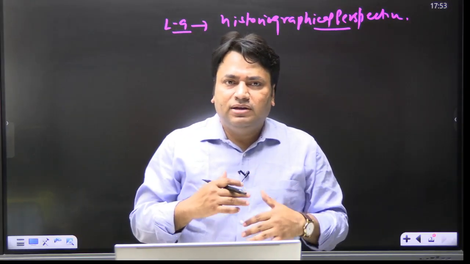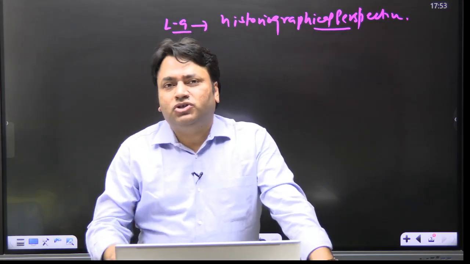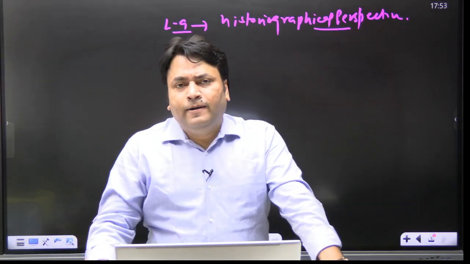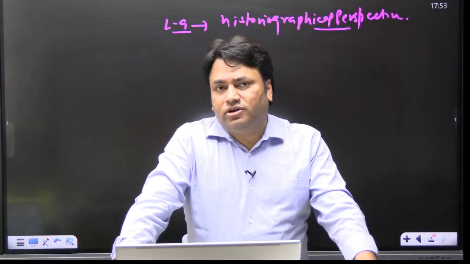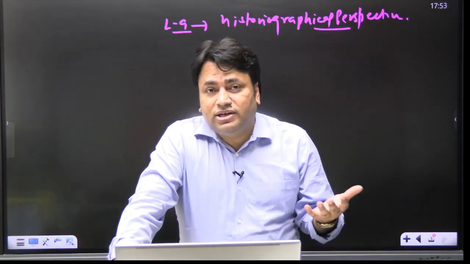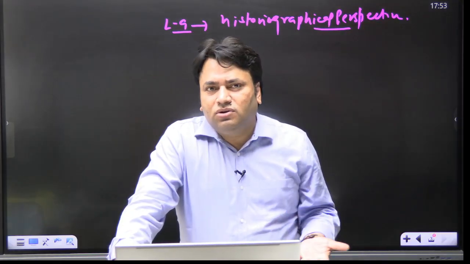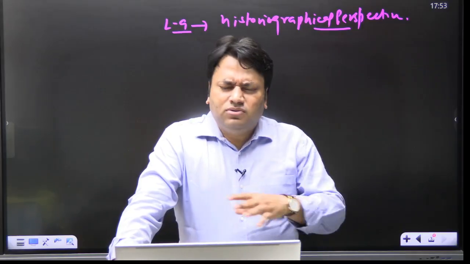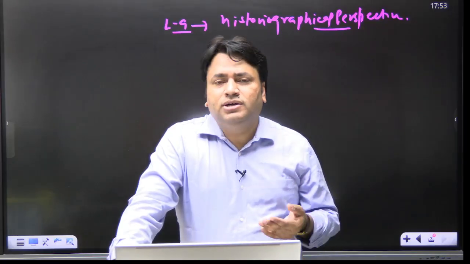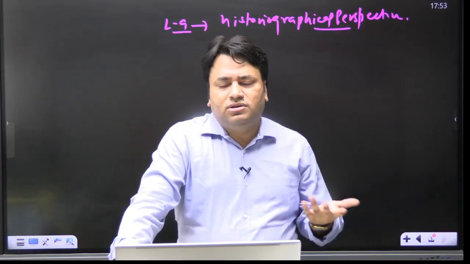Whenever we evaluate any topic with the historiographical perspective, we will try to explore the colonial school of historiography, nationalist school of historiography, Marxist interpretation, Cambridge school of historiography, subaltern school of historiography. There are a few branches which are important. So here we are going to do the chapter in the same format.